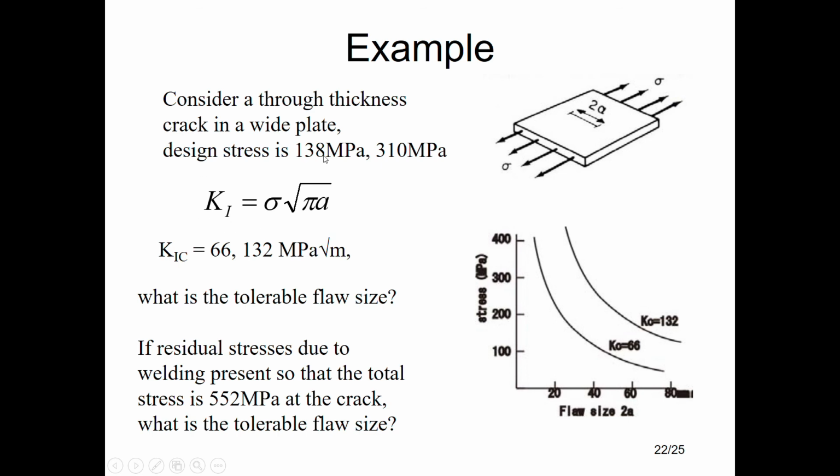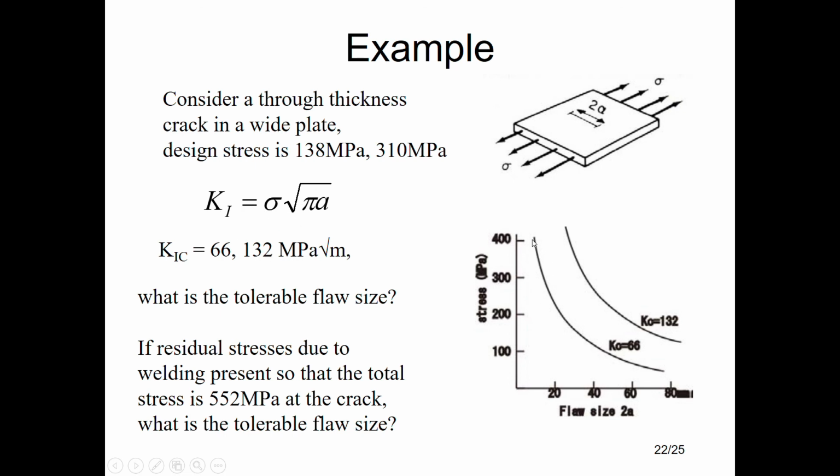So using this equation, K1 equals sigma, which is applied stress, times square root of pi a, you can actually find how much is the tolerable flaw size. They give you the condition of the structure where K1C, the critical fracture toughness, is 66,132. So you just apply that into this equation.